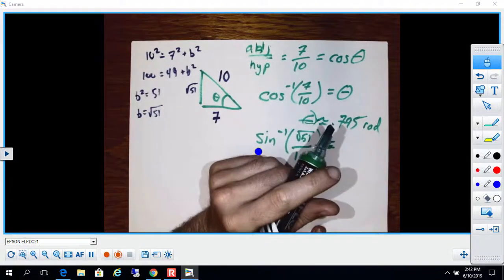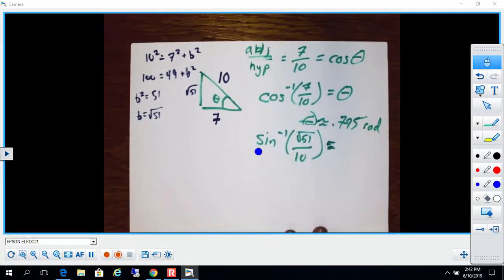The square root of 51 over 10. Yeah. Got it. I don't know why I got a domain error. Let me see. The square root of 51 is less than 10. So the arc sine of the square root of 51 over 10.